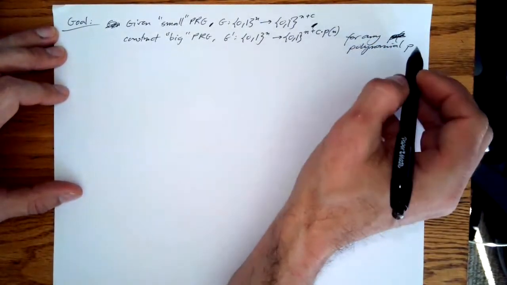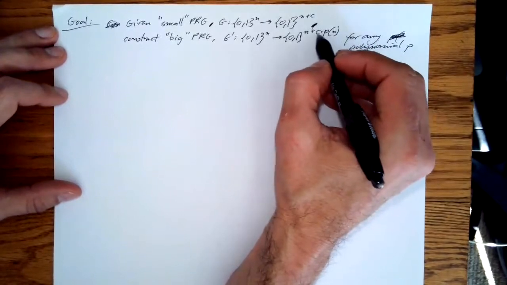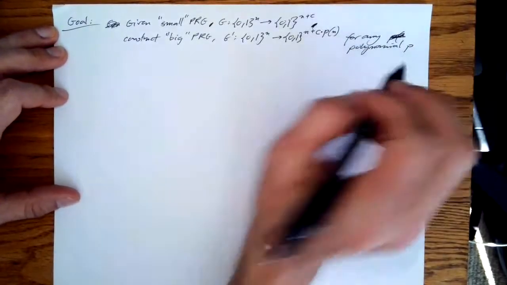Okay, so not for any polynomial, I will actually multiply in front by the constant C, so it's even better.